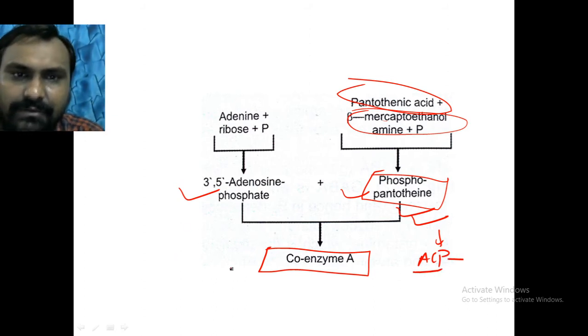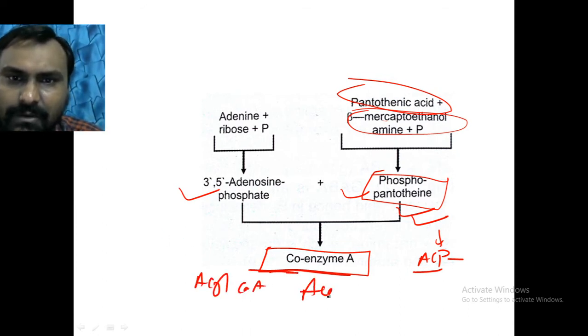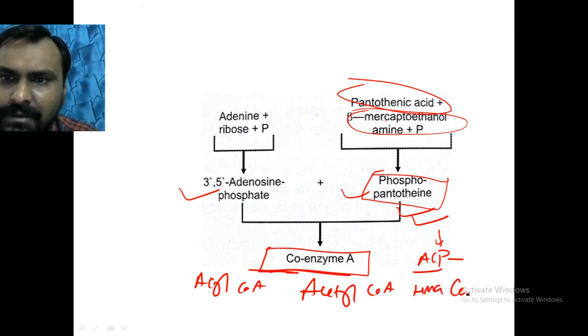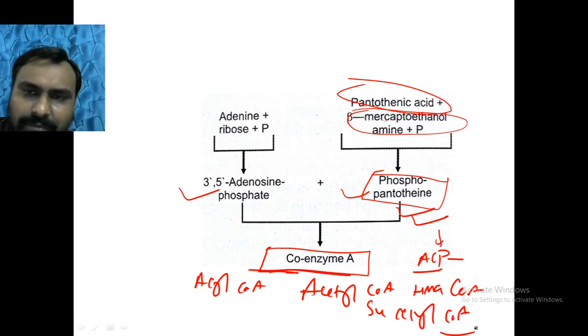Whenever you see acyl CoA or acetyl CoA or HMG CoA or succinyl CoA, all these are active forms of vitamin B5.